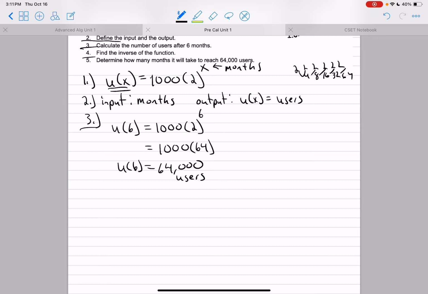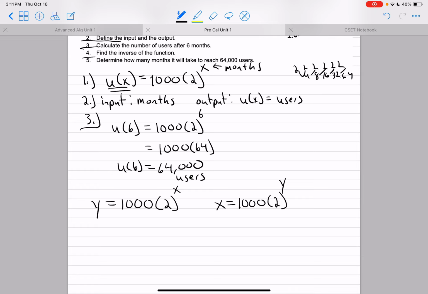Step 4, find the inverse of the function. So my original function says y equals 1,000 times 2 to the x. So my inverse of this function is going to say x equals 1,000 times 2 to the y.